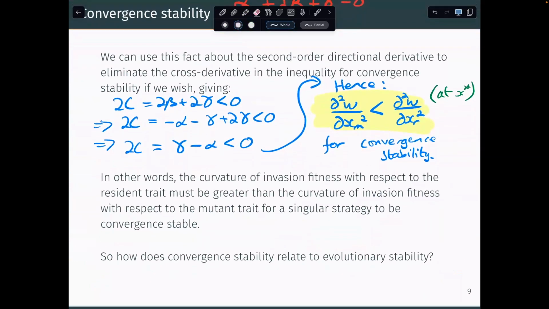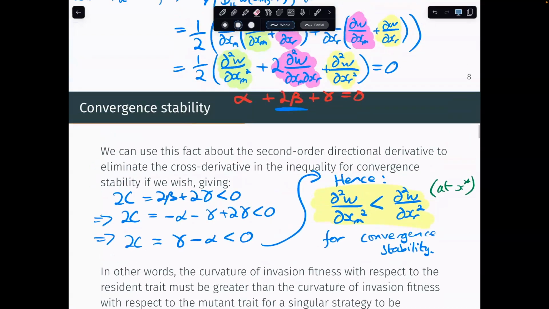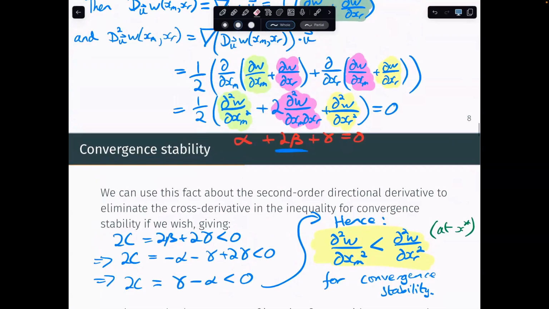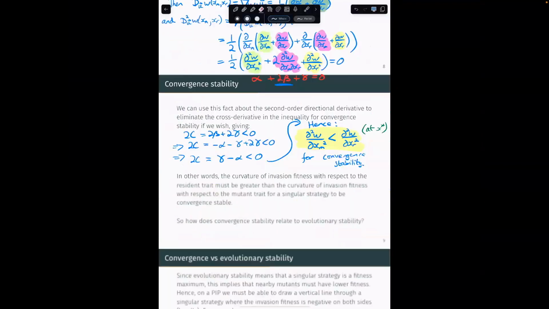What this tells us, though, intuitively, is that the curvature of our invasion fitness, W, with respect to, because this is a 2-dimensional trait. Sorry, yes. Like alpha and gamma accidentally been switched there because you want gamma smaller than alpha, right? Oh, sorry, let's just go back to my notes to make sure it's not incorrect in here.